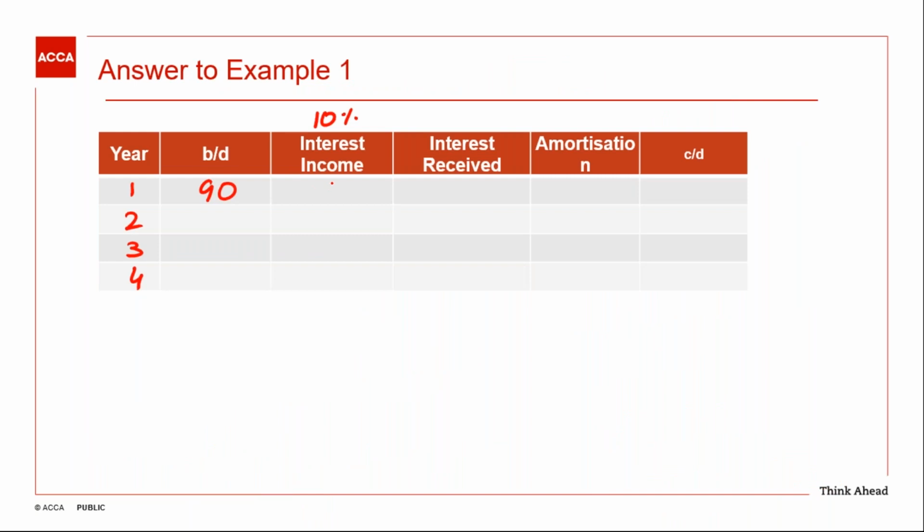So now my interest income in year one is going to be $9 million, which is 10% of the brought down. But the interest received will always be the par value into the coupon rate, which was $100 million into 6% rate, which is $6 million. So this means that the amortization, the difference between the income and the amount received, is called the amortization.